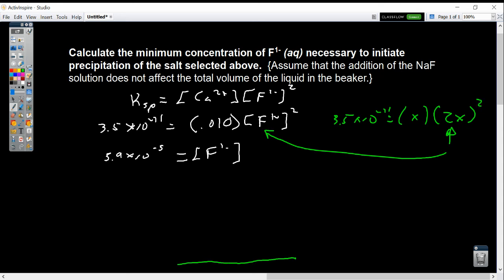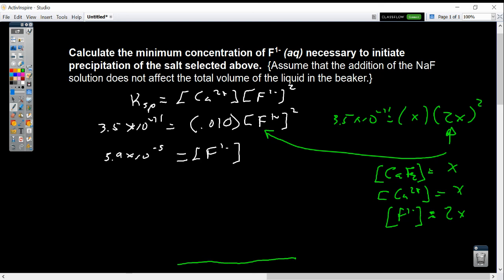And the answer is no. We're not asking for the molar solubility of the calcium fluoride. The concentration of calcium fluoride is X, the concentration of calcium would be X, the concentration of fluoride would be 2X. But that's not what we're talking about.